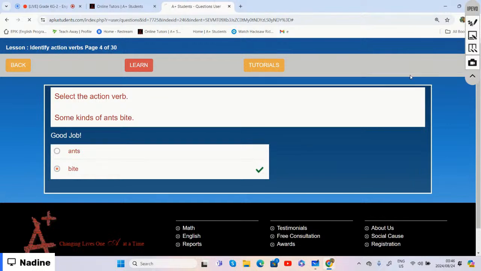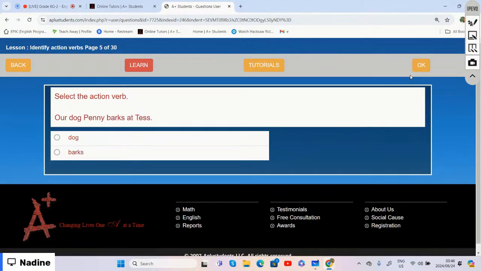And the last one, we can say our dog Penny barks at Tess. Is it dog or is it barks?